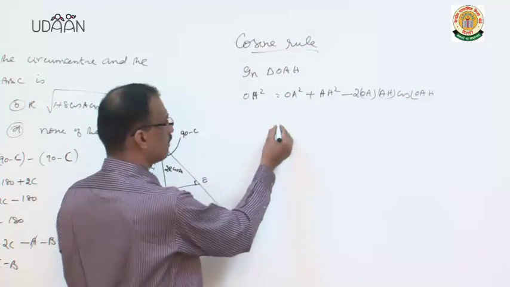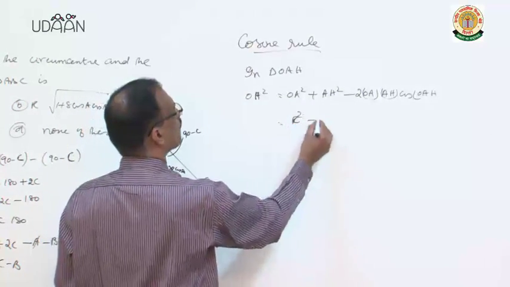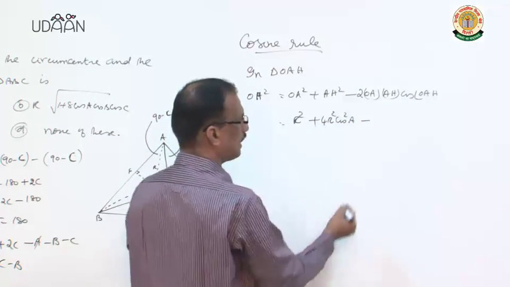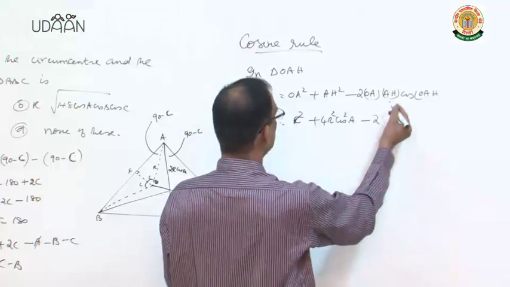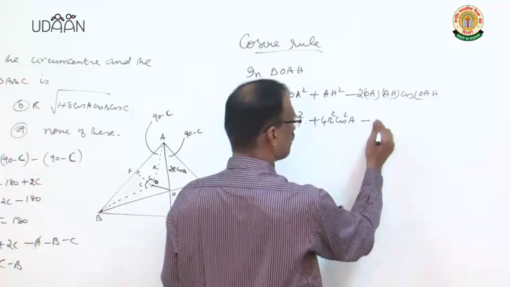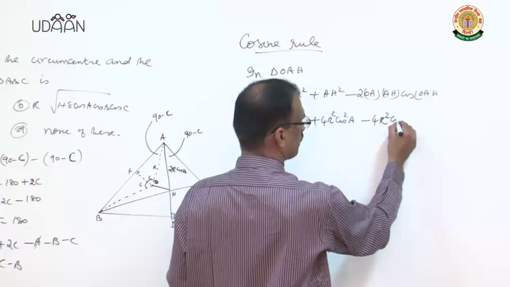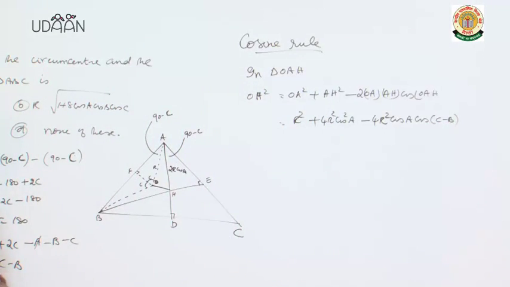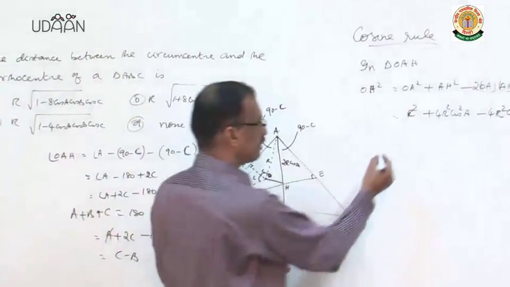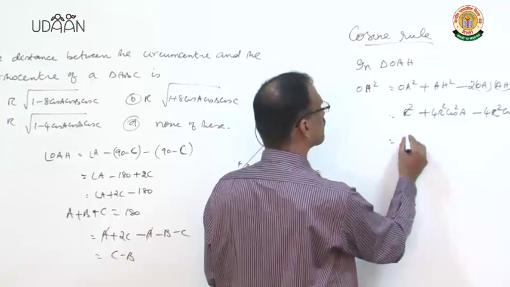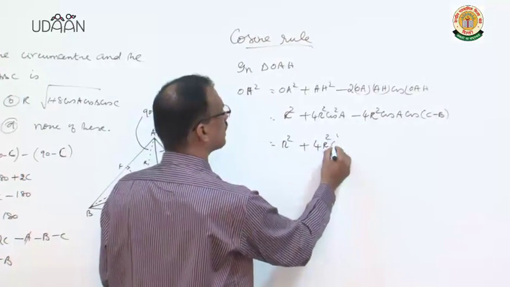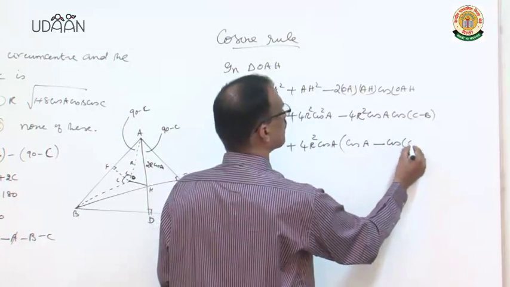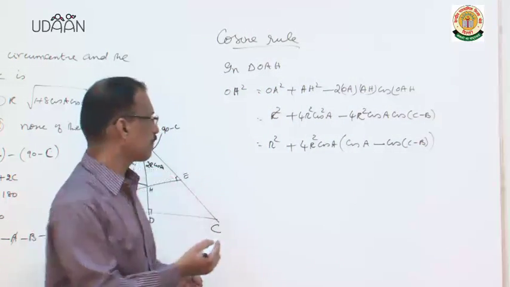From this we get OA square, that is R square, plus AH square, that is 4R squared cos squared A, minus 2 into R into 2R cos A cos (C minus B), because angle OAH is equal to C minus B. So now we get R square plus 4R squared cos A into (cos A minus cos (C minus B)).